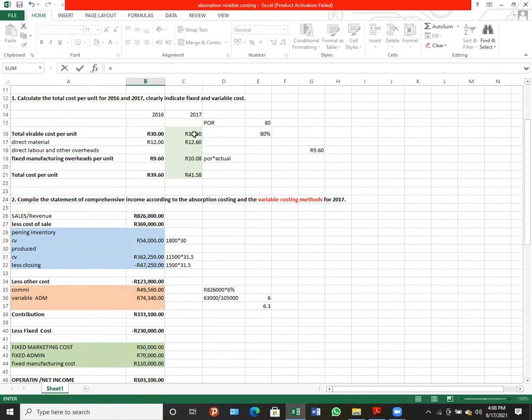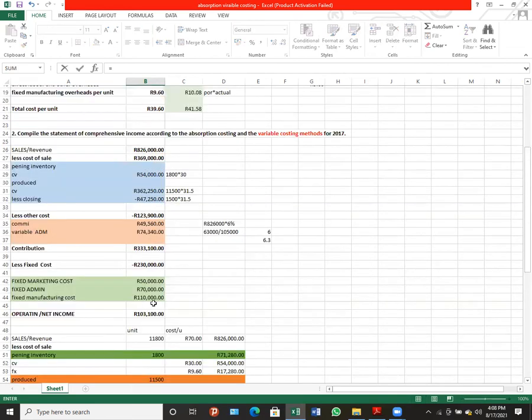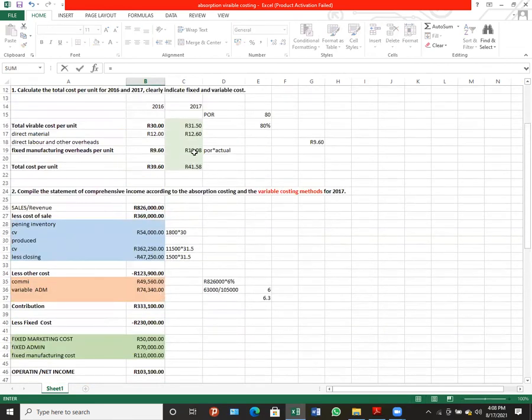I use this one, guys, because it falls under 2017. Here I use 30 Rand because this opening, it was the closing from 2016, where the variable cost was 30 Rand before the increase. Then here our fixed cost is 10 Rand 0.8.